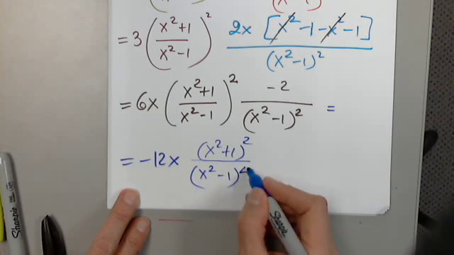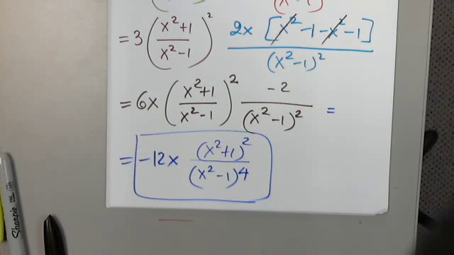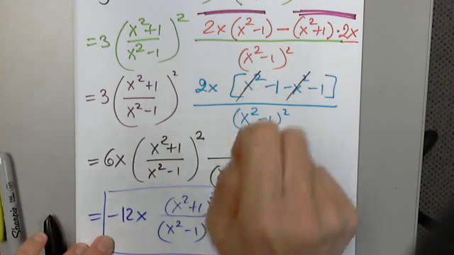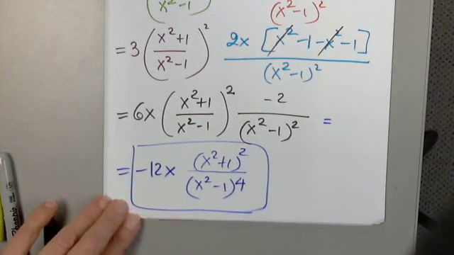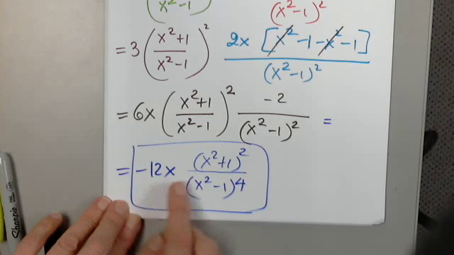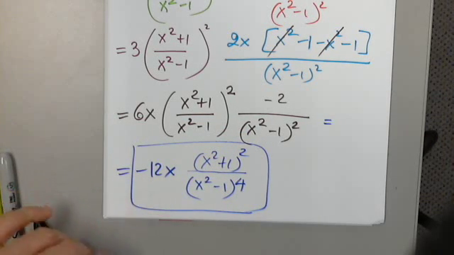Extremely useful for chapter 4. So factoring is extremely useful. Rearranging all this into a fraction, very useful.